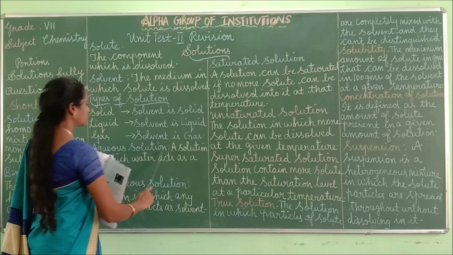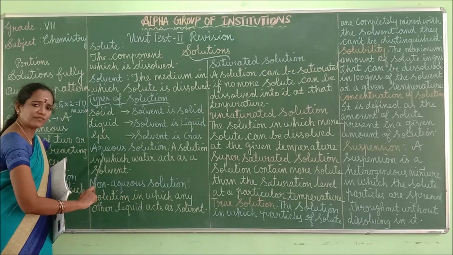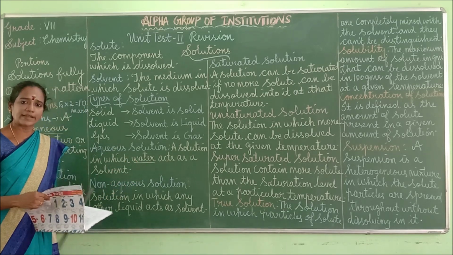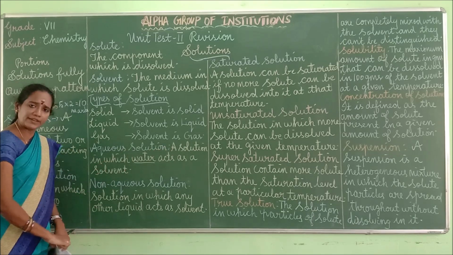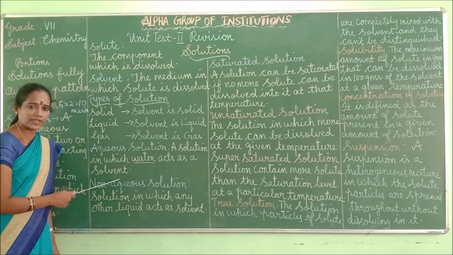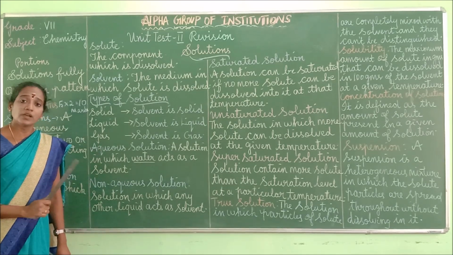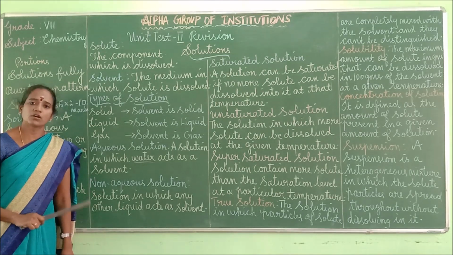What is meant by aqueous solution? Here, a solution in which water, underline this word, water, acts as a solvent. So, a solution in which water acts as a solvent is called aqueous solution.